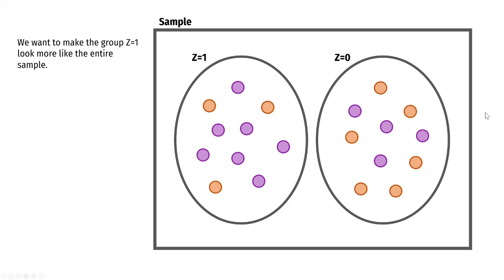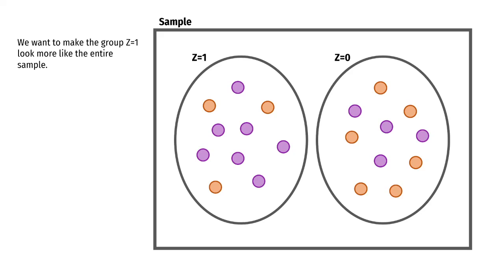So the idea here is that we want to make the group of respondents, z equals 1, look more like the entire sample. So look more like all of this. As you can see, if we look at z1 and compare it to z0, there are substantial differences in terms of characteristics. In this case, again, this is a toy example, we only have one characteristic, which is color.